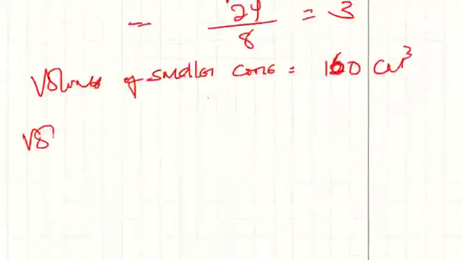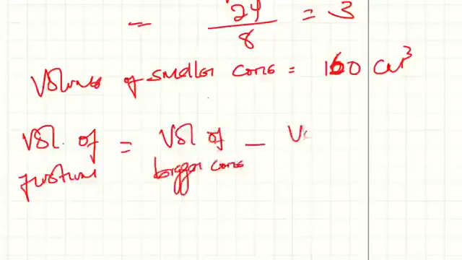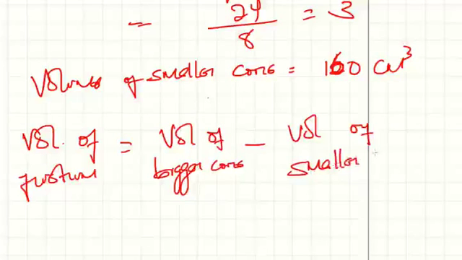Volume of frustrum is equal to volume of the bigger cone minus volume of the smaller cone.